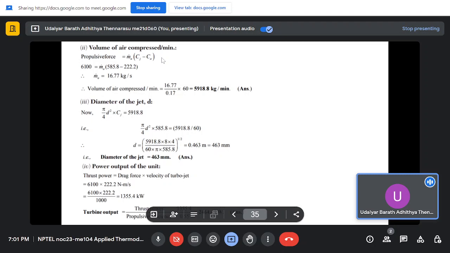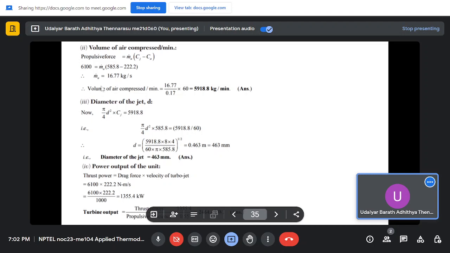We know the thrust force, which is mass of air into change in velocity, or the change in linear momentum, that will give me thrust. That will be equal to the drag force, 6100. So from here I can find out the mass of air. Mass of air is 16.77 kg per second.